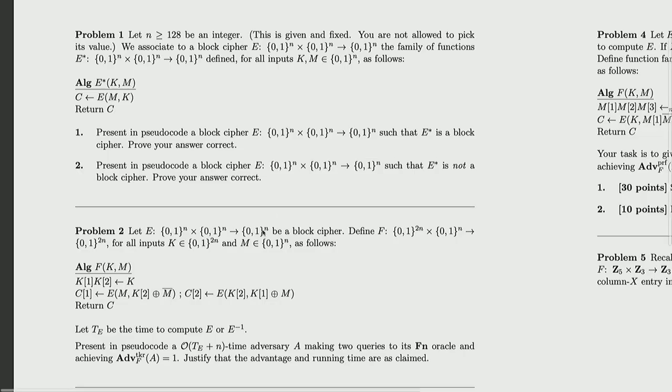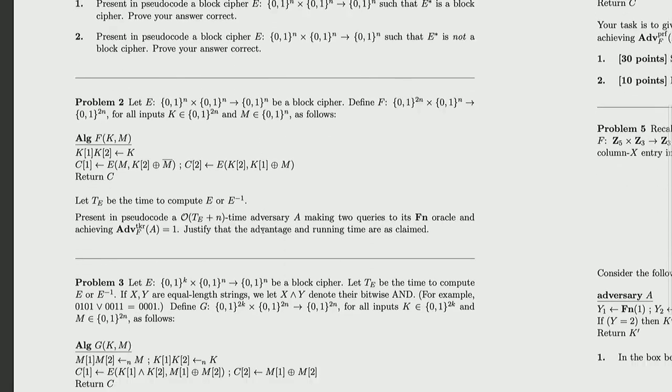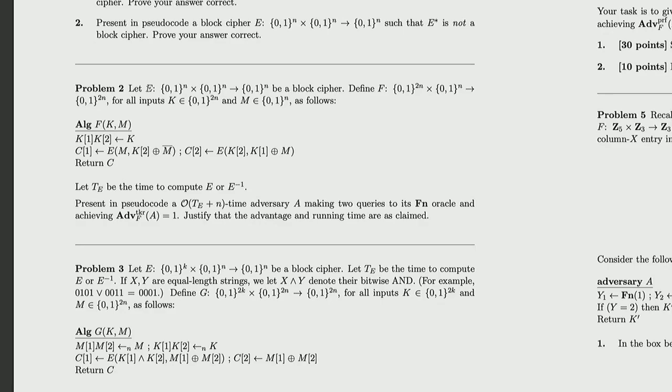Okay, so the next problem says you're given a block cipher E, and F is defined in a certain way, and it tells you what is its key space, input space, output space. This is something you've seen many examples of before. And the job is that you have to give an adversary with certain parameters. It has to achieve a 1 advantage and so forth.